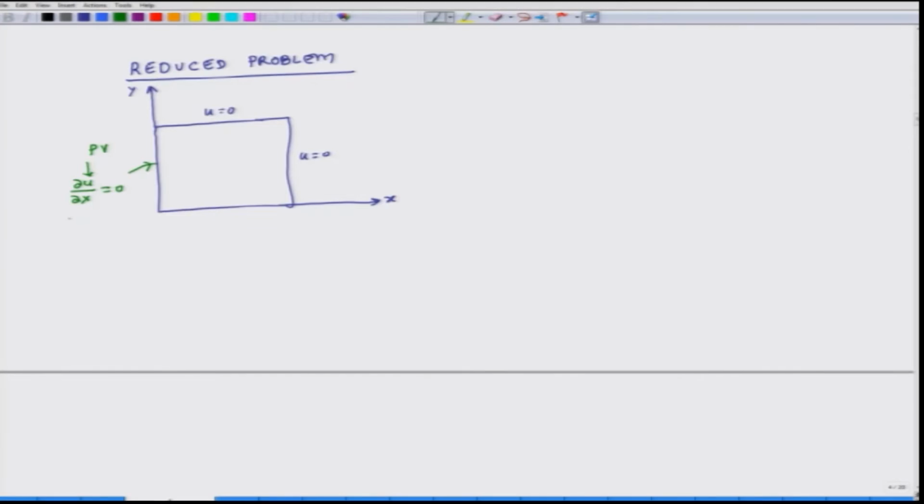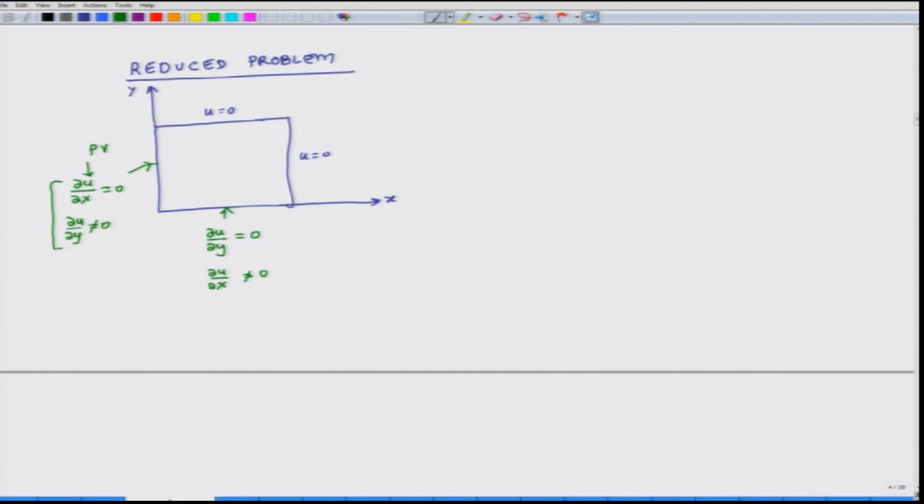It does not mean that del u over del y will be 0 on this line. So it will be only del u over del x that will be 0. What about here on this line? Del u over del y will be 0, but del u over del x will not be 0. The tangential component will not be 0. The normal component to the boundary will be 0.